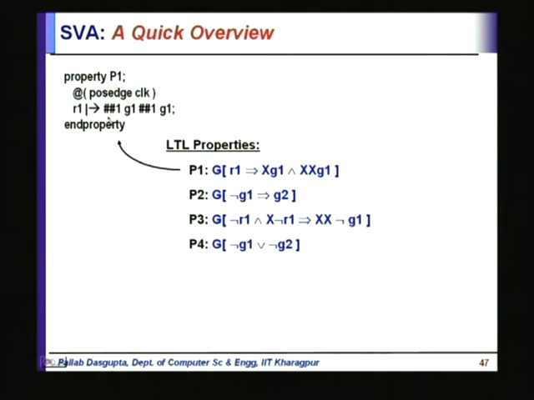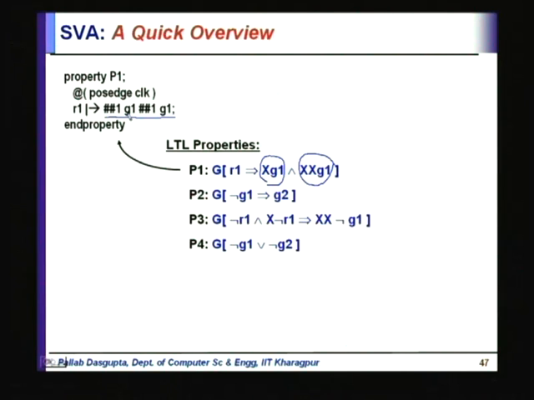right. So, this part is called a sequence expression, and that is because unlike this, where this is a term and this is a term, two independent terms, each interpreted from the current cycle, so this is from the current cycle next G1 and this is from the current cycle next to next G1, right.